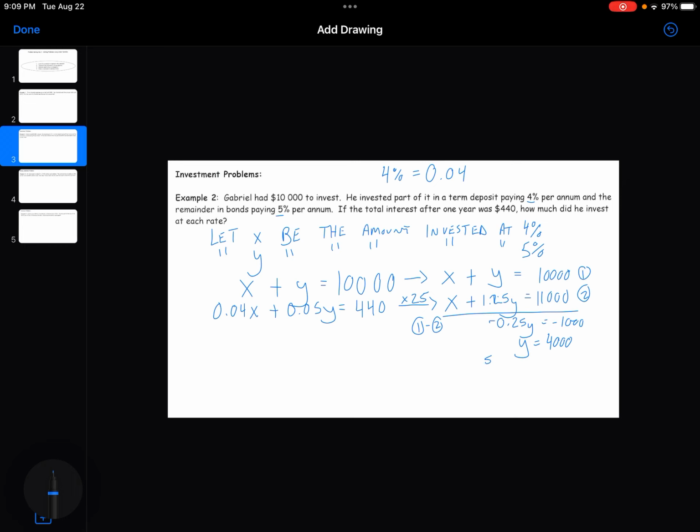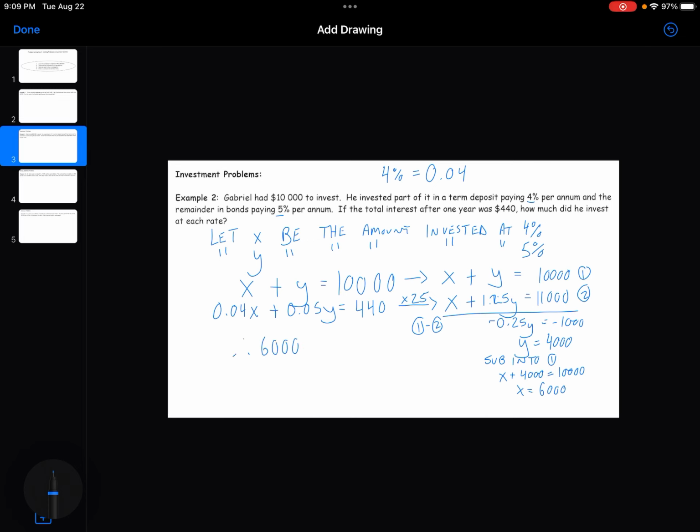Now if we sub that into 1, we can see that, what do we have? X plus 4,000 equals 10,000. And then X is equal to 6,000.